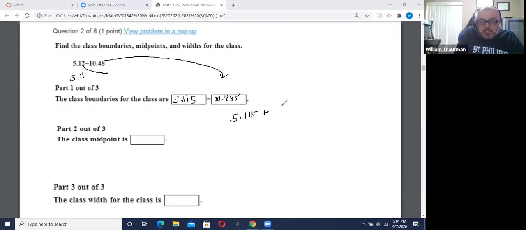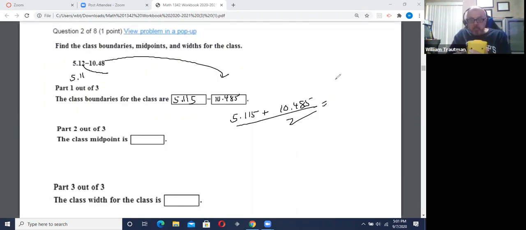The midpoint was adding the two together and dividing by 2. 5.115 plus 10.485 divided by 2, and I get the midpoint is at 7.8. So that's the midpoint of this data.